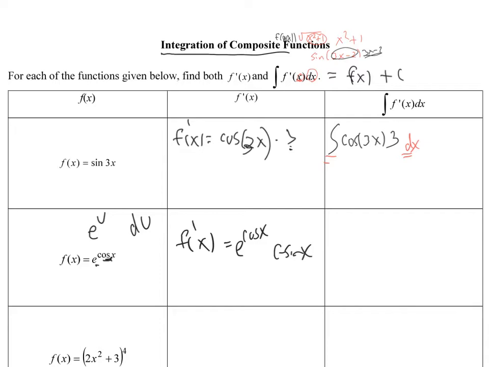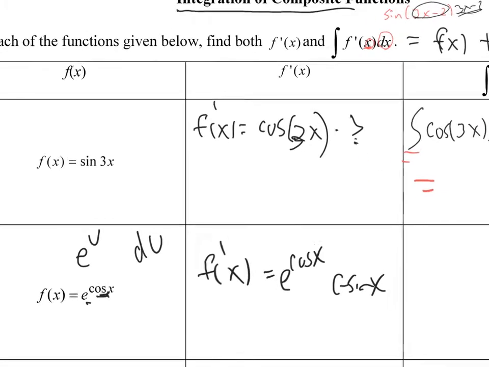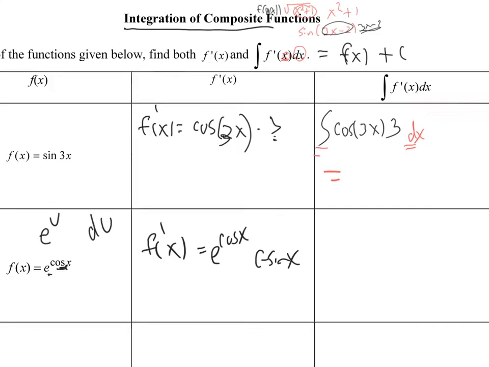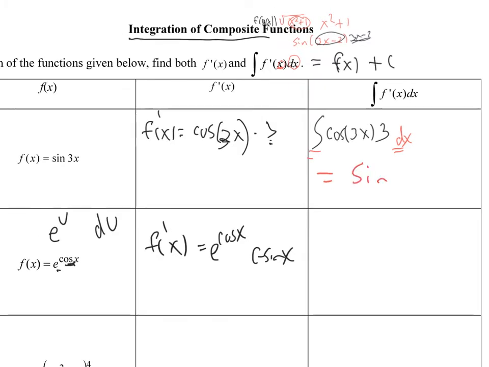Over here. If we undo the derivative by integrating it, you should not be surprised that the answer has to come back to the original problem. Sine of 3x. Of course, plus some constant.